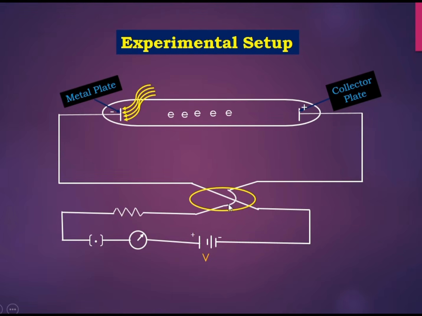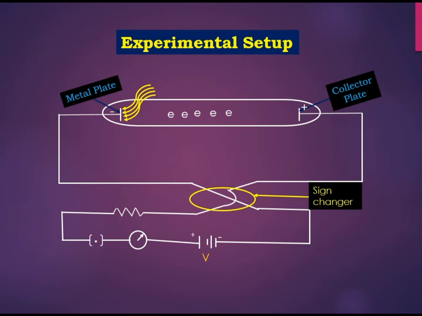Now this wiring we have done, this is actually a sign changer. The function of this sign changer we are going to discuss in the section where we will discuss the stopping potential. When we discuss the stopping potential, we are going to discuss the effect of this sign changer thoroughly.